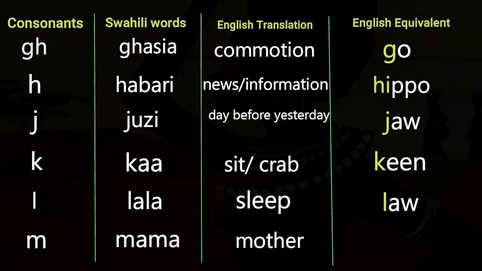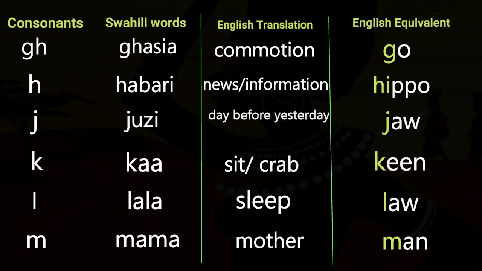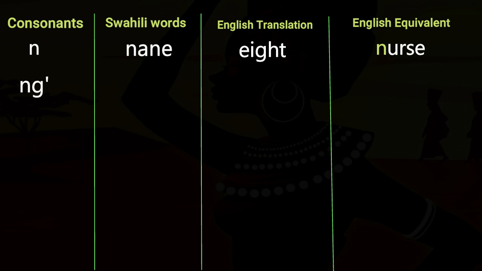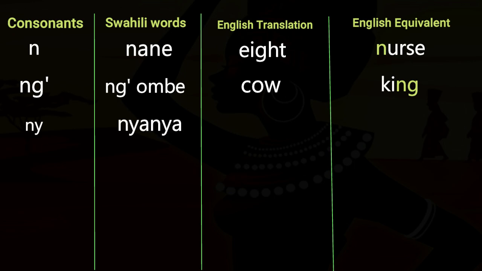Mama, mother, as in man. Nane, 8, as in nurse. Ng'ombe, cow, as in king. Nyanya, tomatoes, as in new.